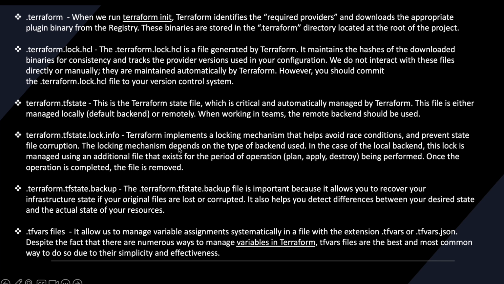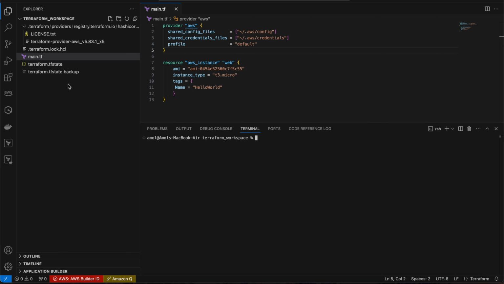The locking mechanism depends on the type of backend used. In the case of the local backend, which is our case, this lock file is managed using an additional file that exists for the period of the operation, plan, apply, or destroy, being performed. Once the operation is completed, the file is removed. Just to show you, right now you cannot see it because we are not performing any plan, apply, or destroy.